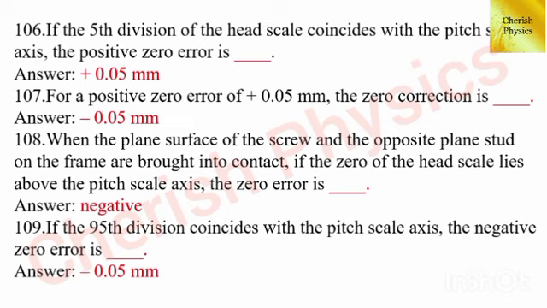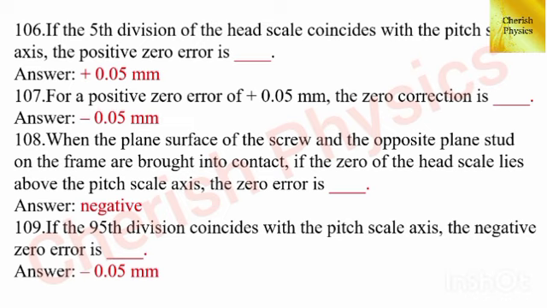When the plane surface of the screw and the opposite plane stud on the frame are brought into contact, if the zero of the head scale lies above the pitch scale axis, the zero error is negative. Here, above the pitch scale means negative, below the pitch scale means it is positive.